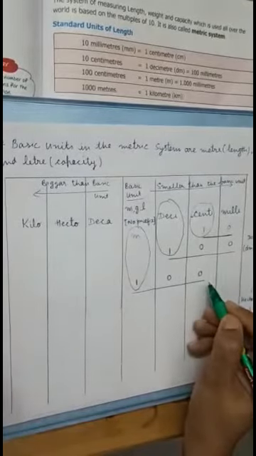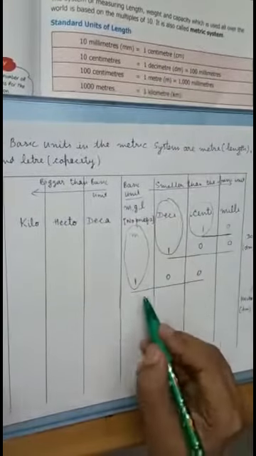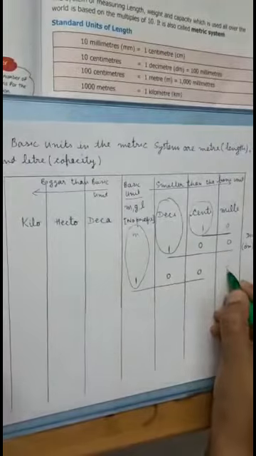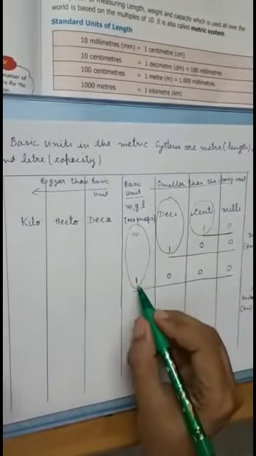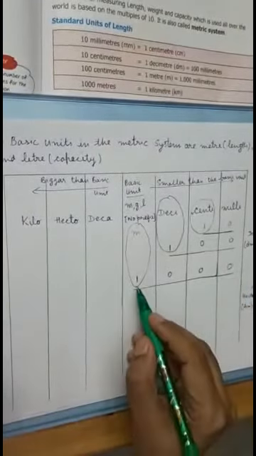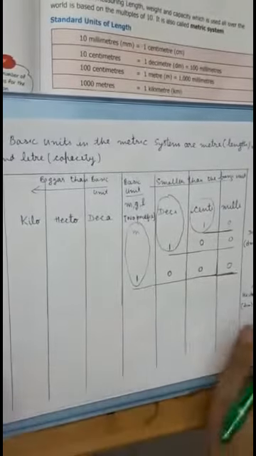Clear? Now 1 meter is equal to 1000 millimeter. 1, 2 and 3 zeros are here. 1 meter is equal to 100 centimeter up to here and 1 meter is equal to 1000 millimeter up to here.